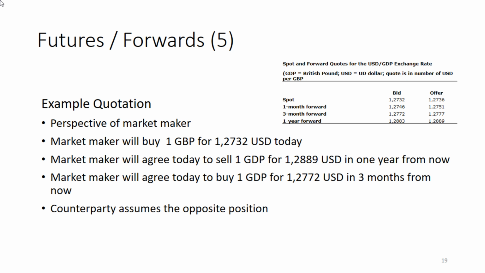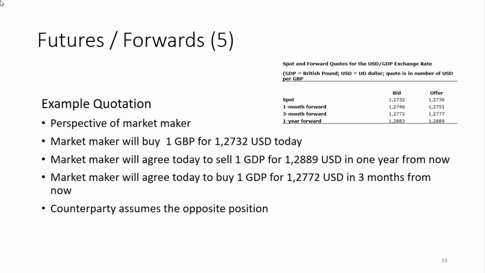Because if a market maker buys something, then it buys against the low price, so it buys against the bid price. That's the bid column. The first number there is the spot price. So how much could you, taking the opposite position from the market maker, receive if you want to sell 1 British pound? You could receive 1.2732 because the market maker is prepared to buy today against that number.